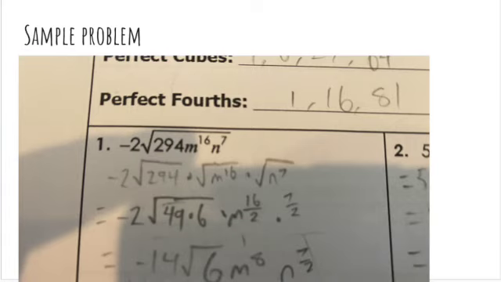You get negative 2 square root 49 times 6, and then times m 16 over 2 times n 7 over 2, which in the end, when you solve it, becomes negative 14 square root 6m to the power of 8, and then times n to the power of 7 over 2.